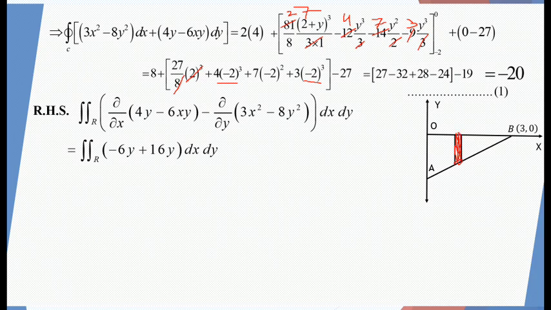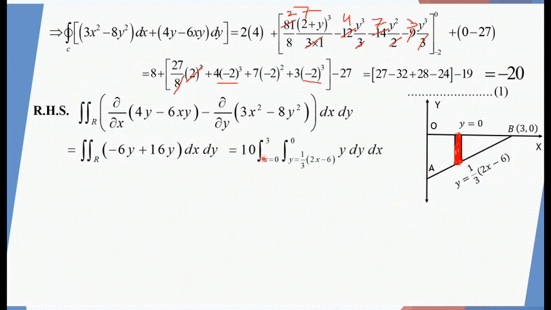So this particular strip is parallel to y axis. So when it is parallel to y axis, the limits are variable for y. So at this particular point, y is equal to 1 by 3 of 2x minus 6, and this is the x axis. So at this particular point, y equals 0. So the limits for y are 1 by 3 of (2x minus 6) to y equals 0, and the limits for x are 0 to 3.